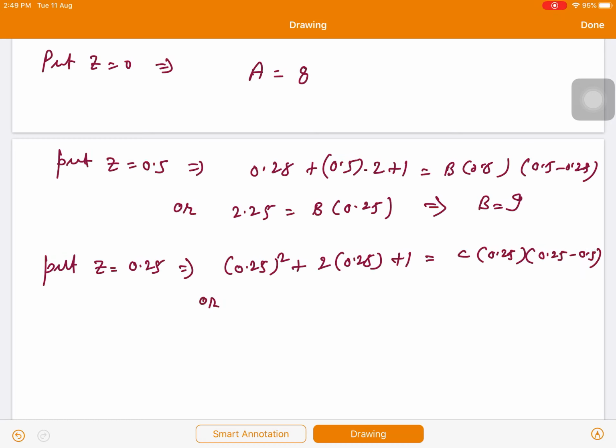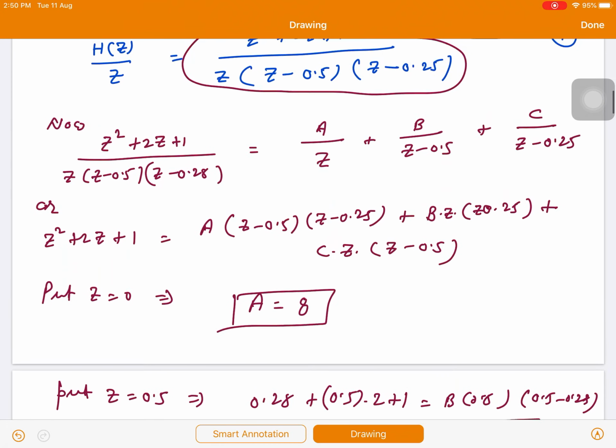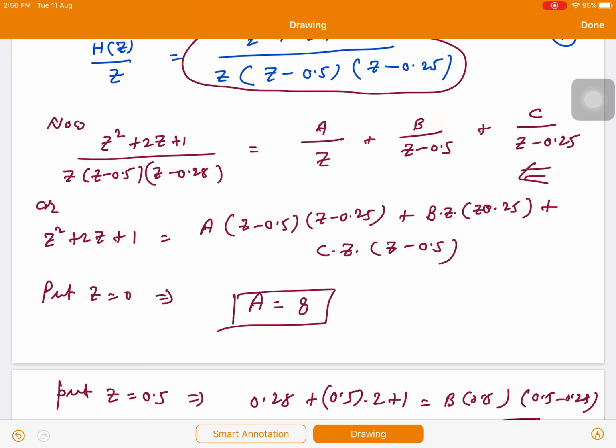So from here you can write 1.5625 equal to c into 0.25 minus 0.25 into 5, and from here you will get c equal to minus 25. So you have calculated the value of a, the value of b, and the value of c.